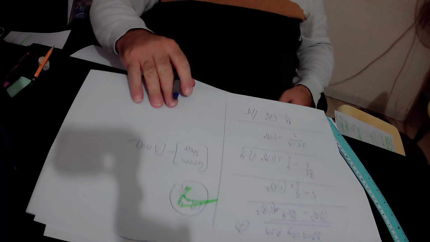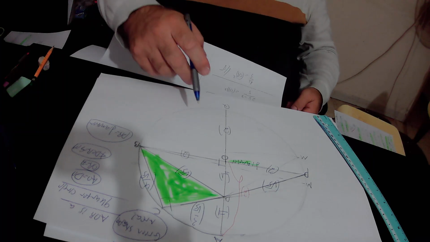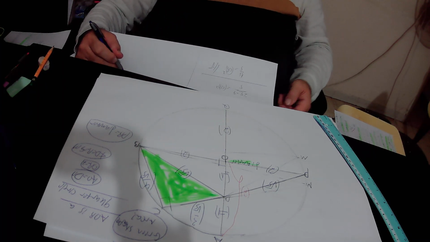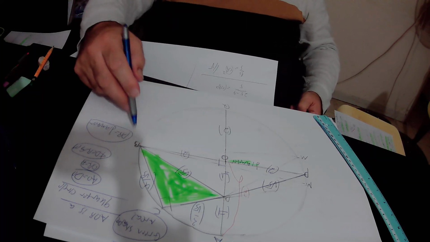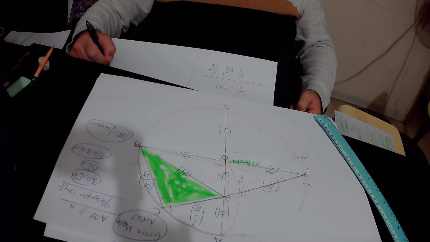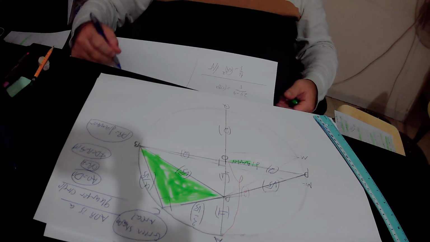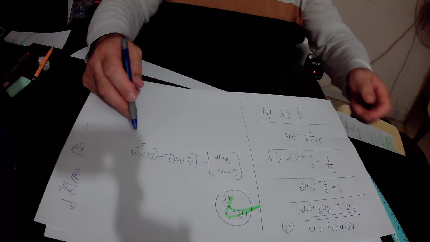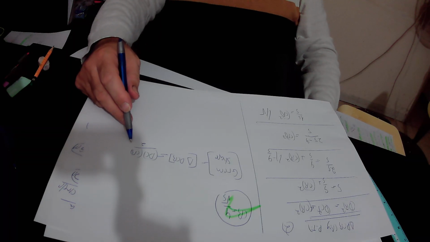The area of the green triangle DCB equals the base of the triangle, that is DC, times the height of the base, that is CB, over 2.